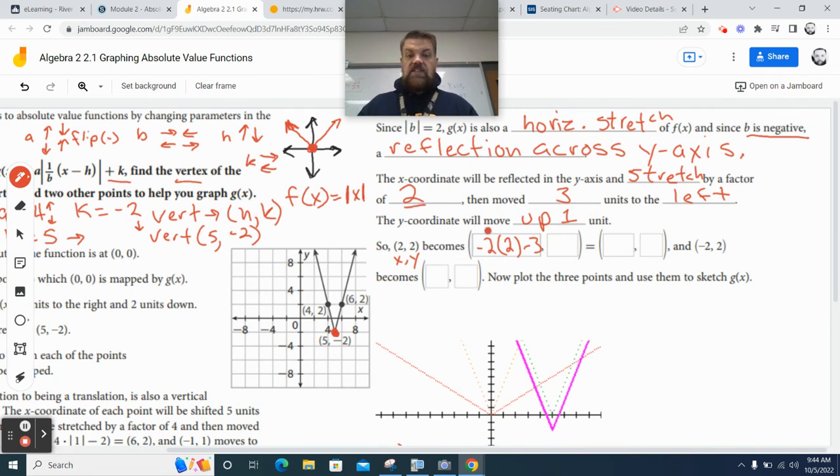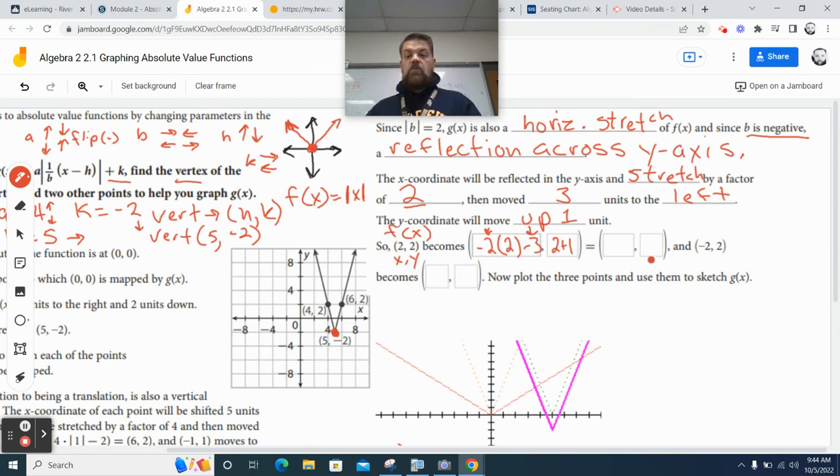So that's where this comes from. This is from the b term. This is from the h term. And then the y value would just be 2 plus 1, right? So what we're doing is this is an xy value on f of x. And then we're doing the math to the x and doing the math to the y and transforming it.